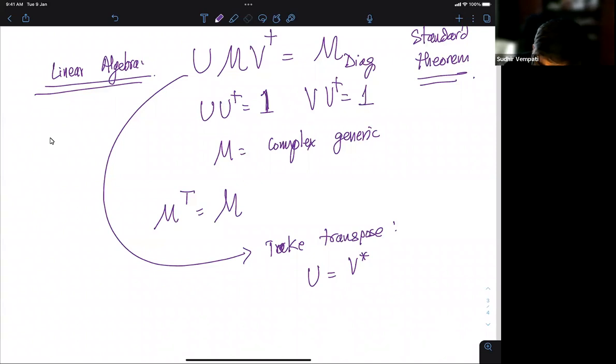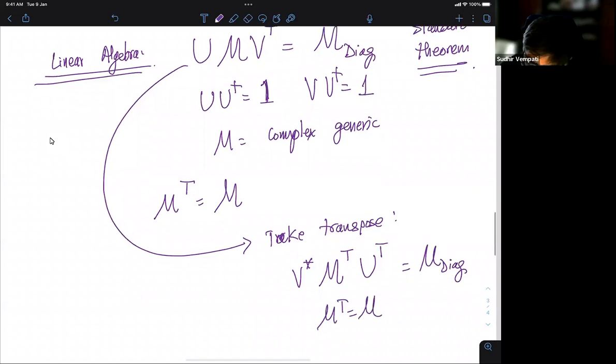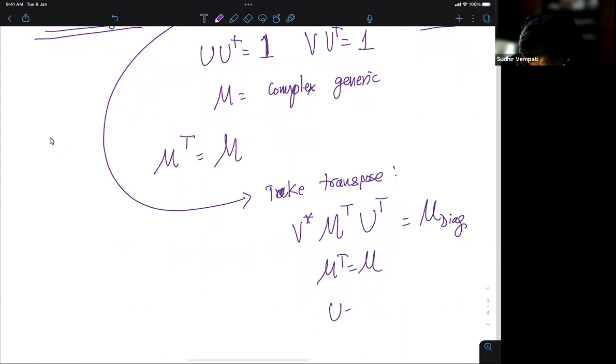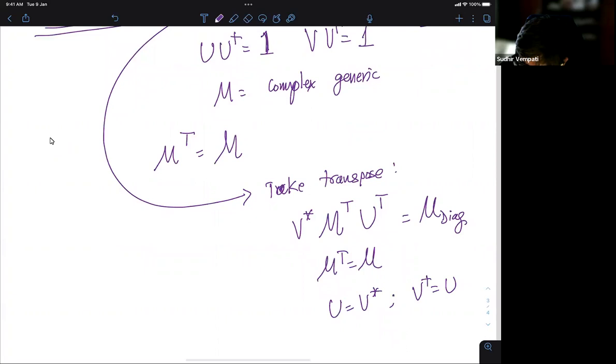If you take, for example, the transpose of this, it will be V star M transpose U transpose, which is equal to M diagonal. Since M transpose is equal to M, you can replace it. So you have the conditions that U is equal to V star and V dagger is equal to U transpose.